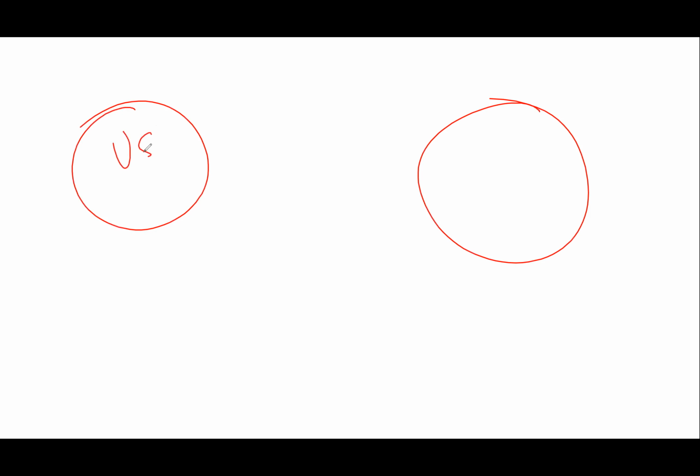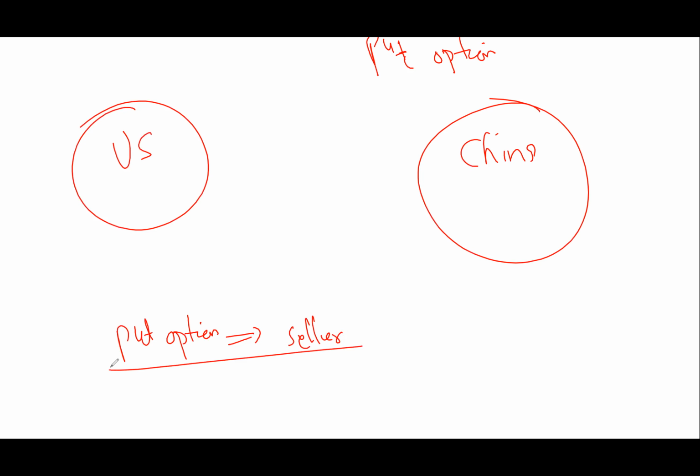This is US. This is China. Put option is related to the seller, right?